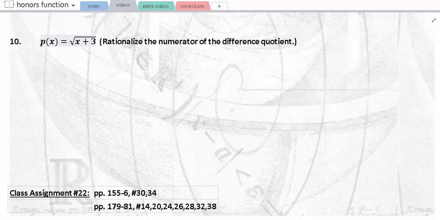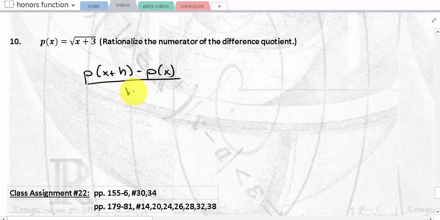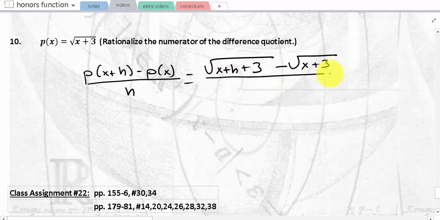Okay, so you want to find the difference quotient of p of x, which is equal to the square root of x plus 3. So start with the formula, p of x plus h minus p of x, divided by h. So this is equal to the square root of x plus h plus 3 minus the square root of x plus 3, divided by h. All right?